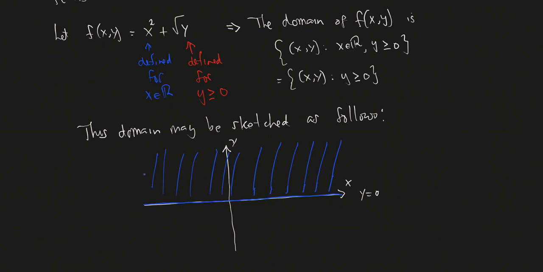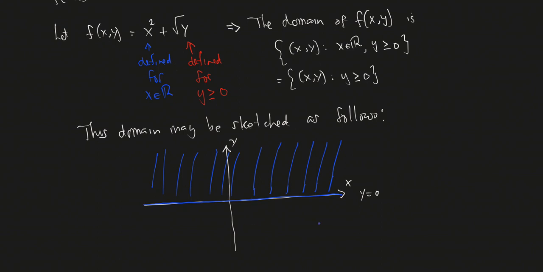And this would be the sketch of this domain. So what this is basically saying is you can pick any ordered pair in the blue, and when you evaluate the function at that point, you will always get a real number for your answer. So you'll never get something that's undefined. Everything will be well defined.